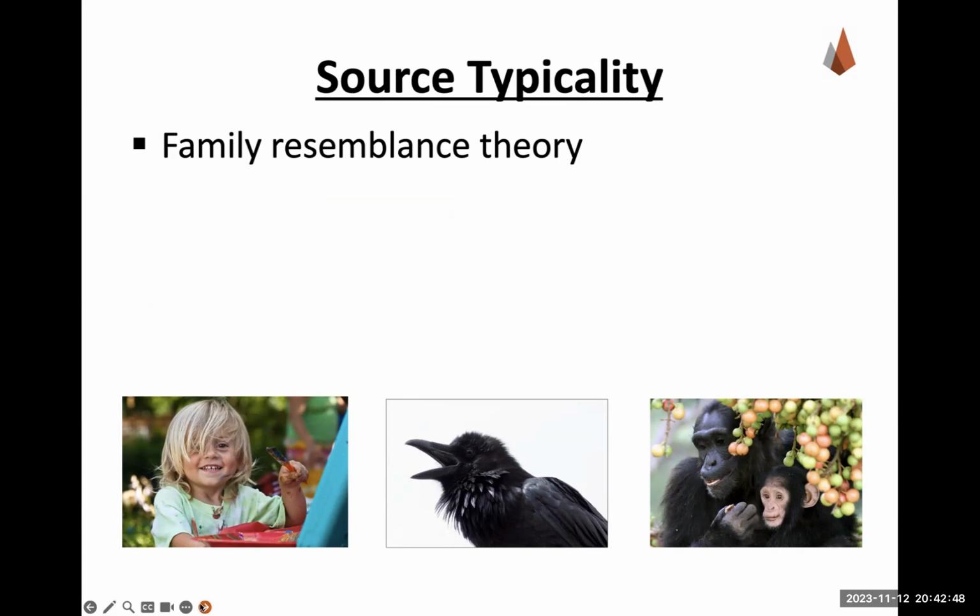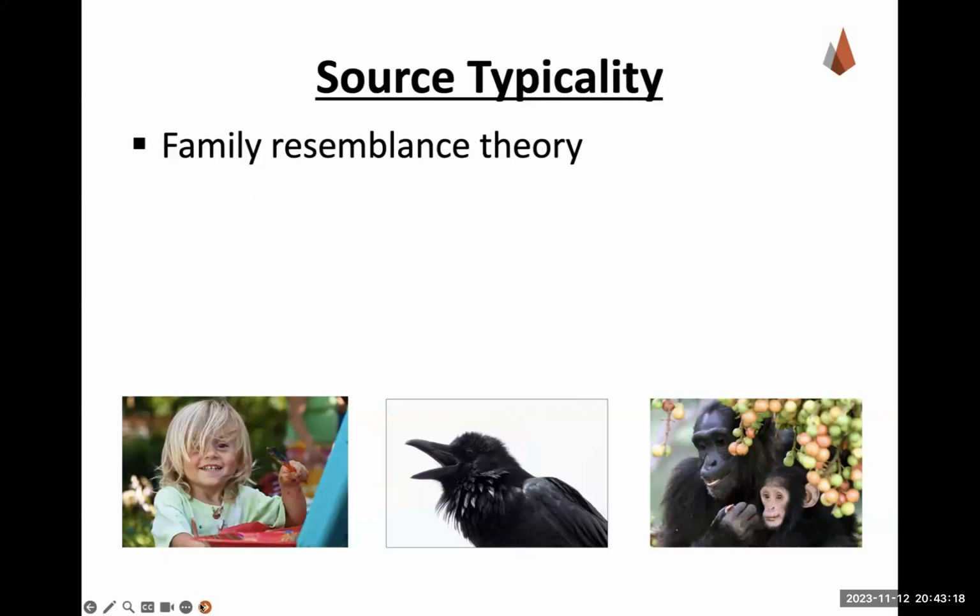Research suggests it has a lot to do with frequency, how often you encounter the prototype, but has more to do with family resemblance theory. This theory suggests things are typical because they are frequent, yes, but also because they do not have features that are common in other categories.